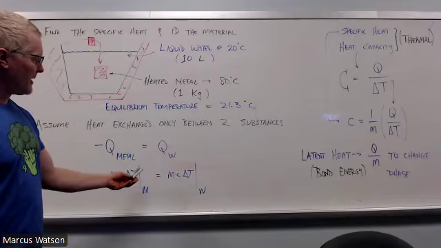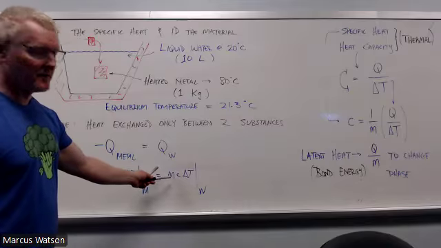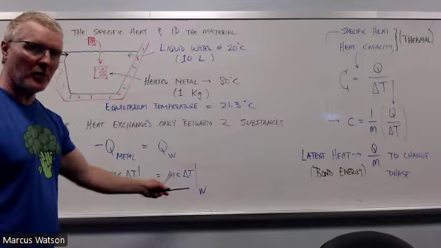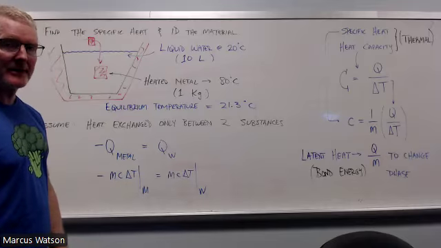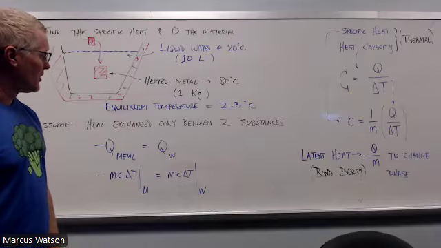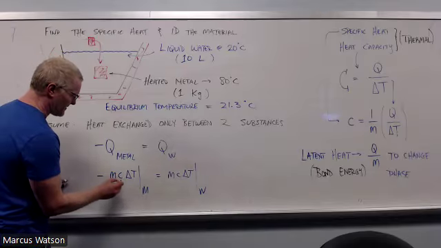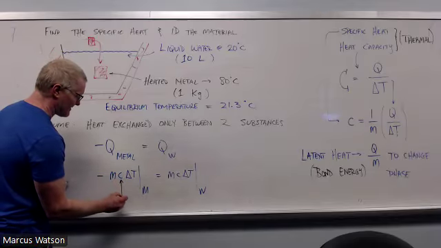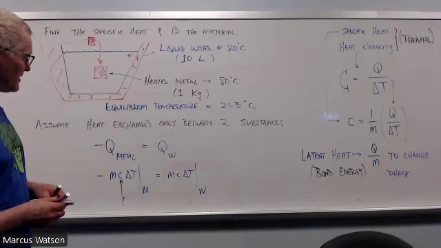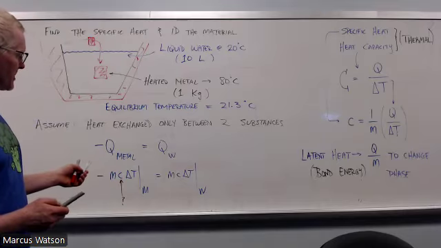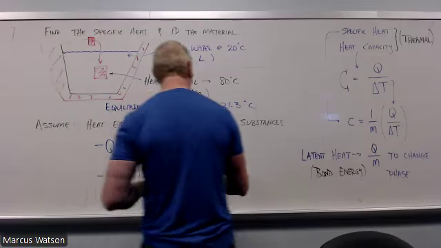Now, I have to make sure that I know that this is M of the water, C of the water, and M of the metal, C of the metal, and they're not canceling out. The question here is find that heat capacity. All right. So we can solve for that fairly straightforwardly just by dividing everything else over to the other side and taking a look at the quantities.